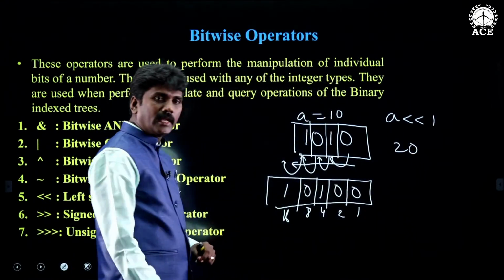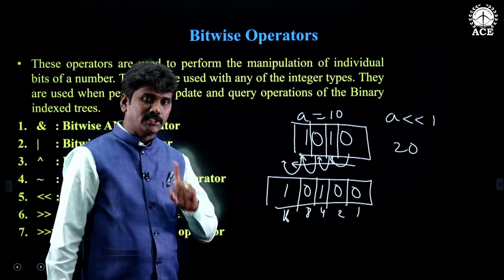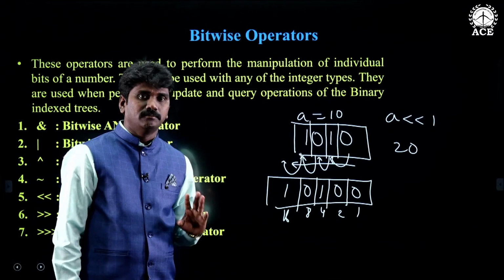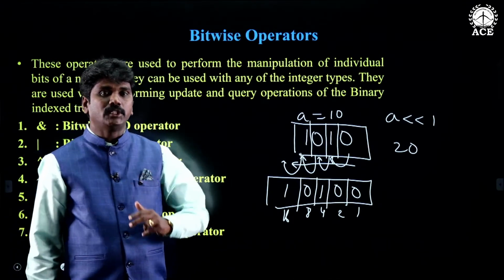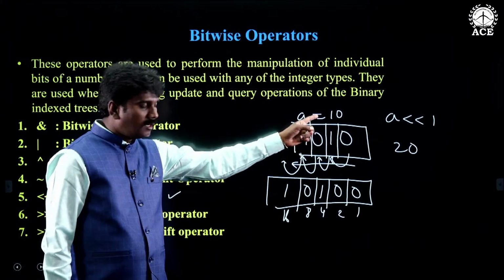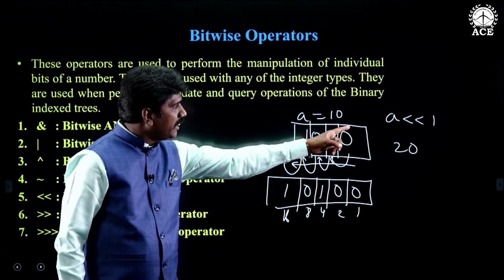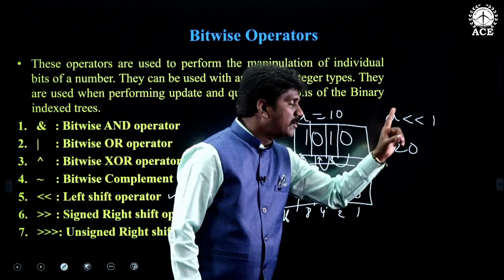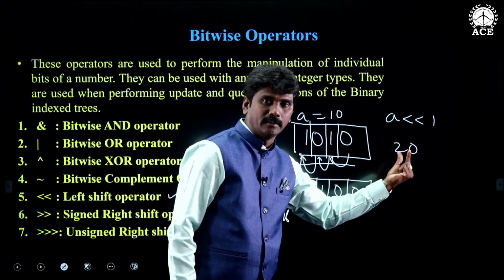From here we can understand one point: if we apply the left shift one time on the variable, then it is going to be multiplied by 2. A is equal to 10 was taken, and we applied the left shift one time on the variable A, and now its value is 20.